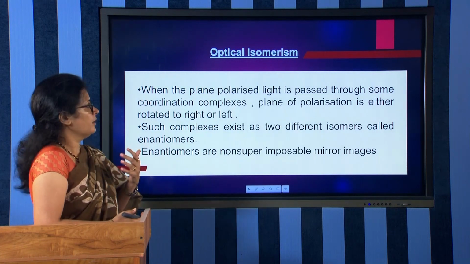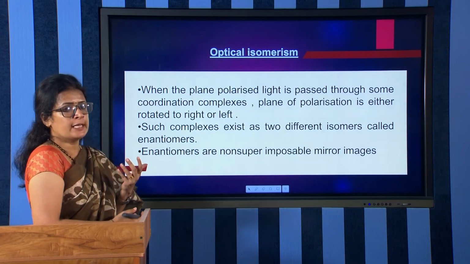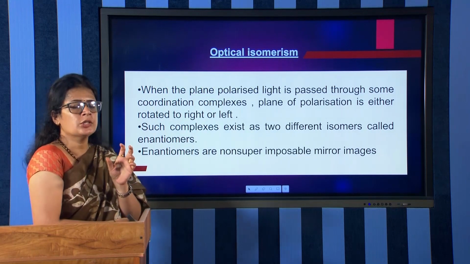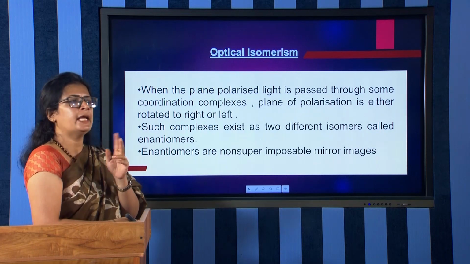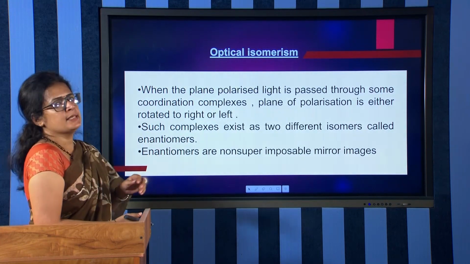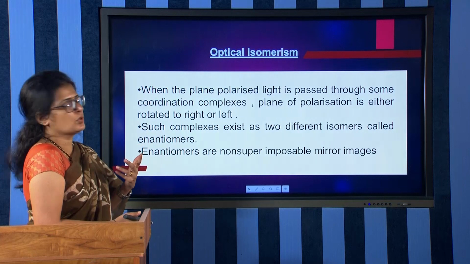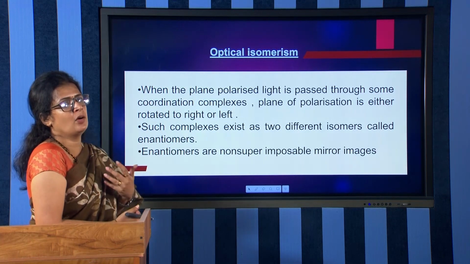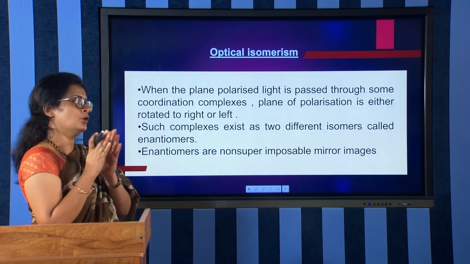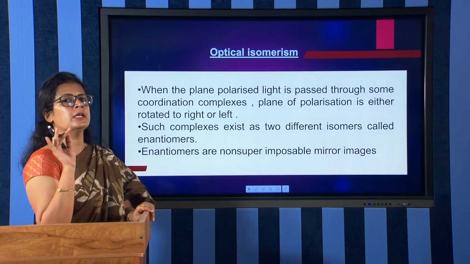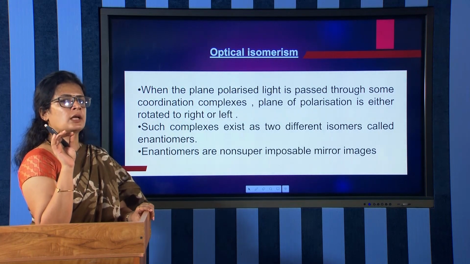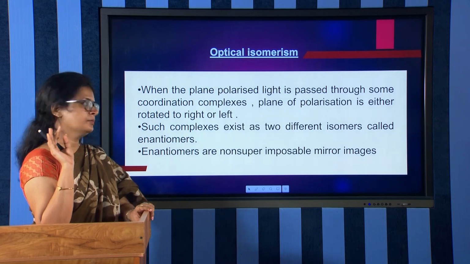Such complexes exist as 2 different isomers called enantiomers. These enantiomers are non-superimposable mirror images. So enantiomers are called optical isomers.